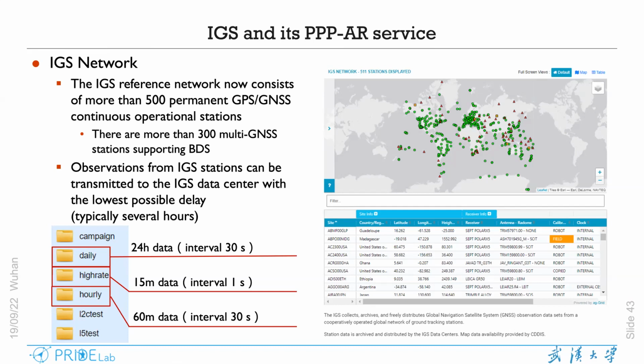The observations from IGS stations can be transmitted back to the IGS data center with the lowest possible delay, typically within several hours. For example, for daily data, within 24 hours we can receive the 30-second interval data to do daily analysis. We can use the higher rate data, which can be delayed by about a few hours.